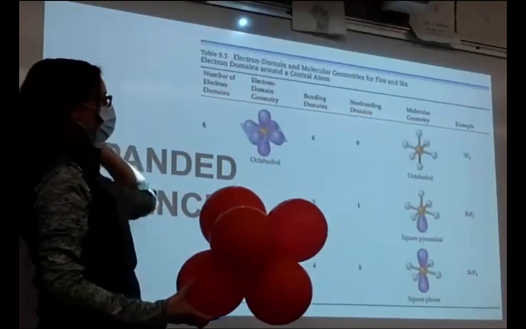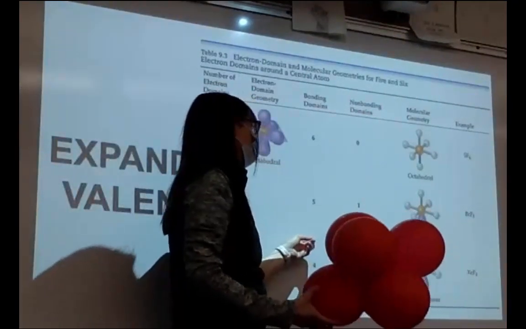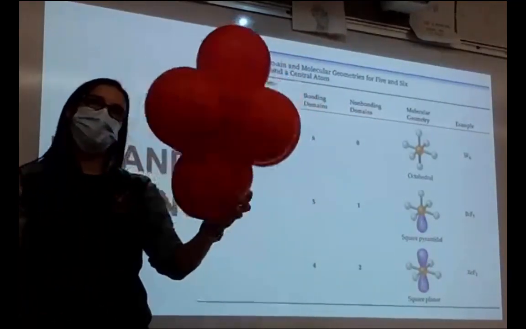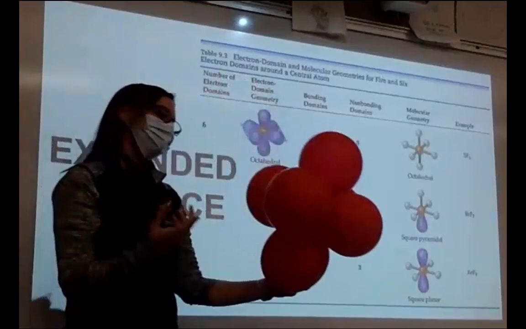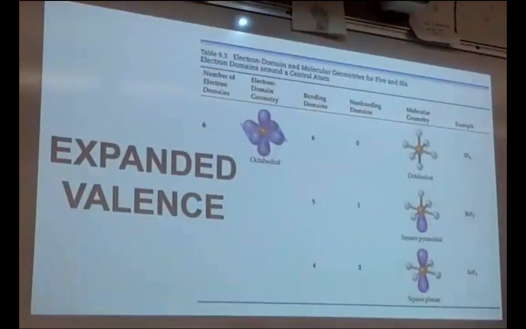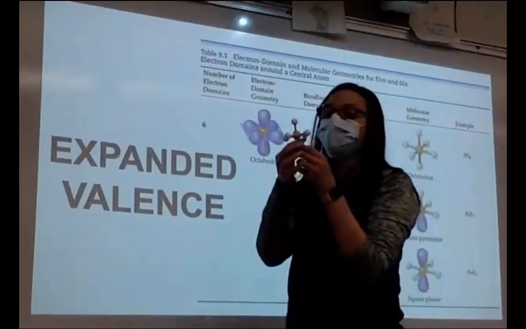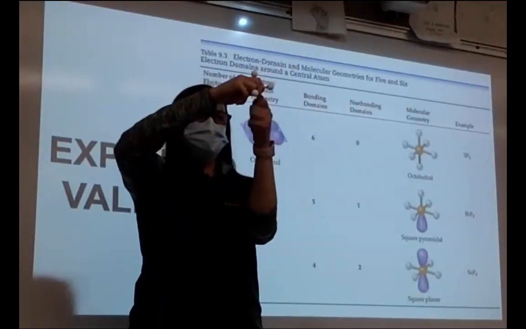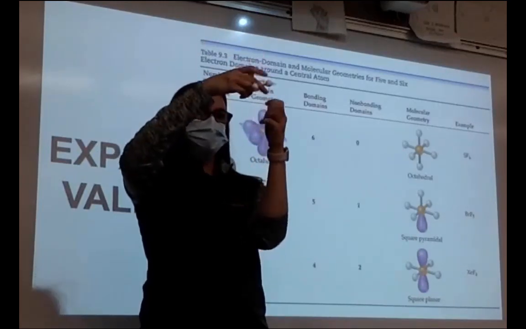Then we start adding lone pairs. In this case, it doesn't matter where we add the lone pairs because they're all 90 degrees apart. I'm going to show you with this one because I'm sure these are going to fall apart. So here's my octahedral. If I remove, there we go.